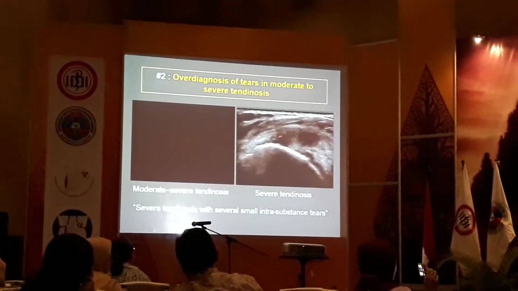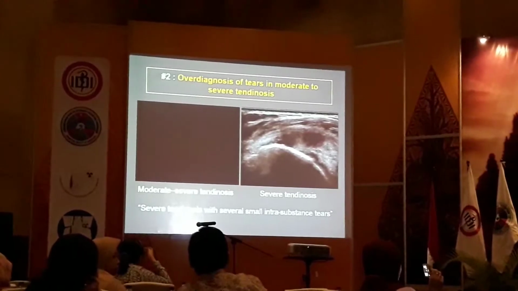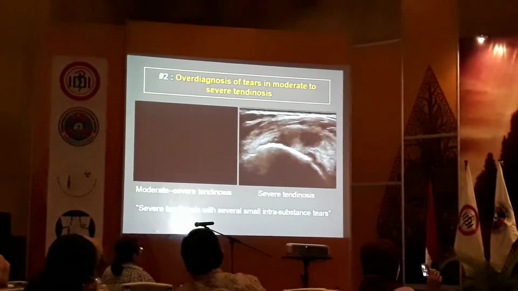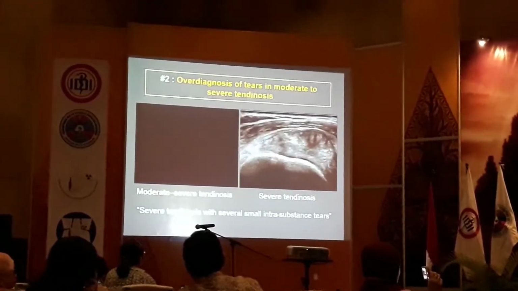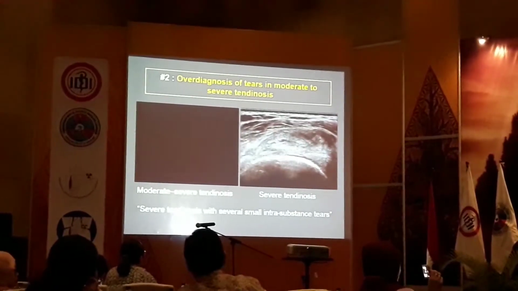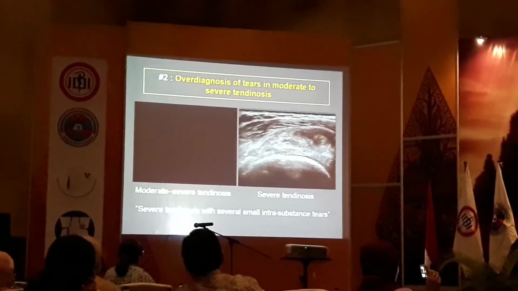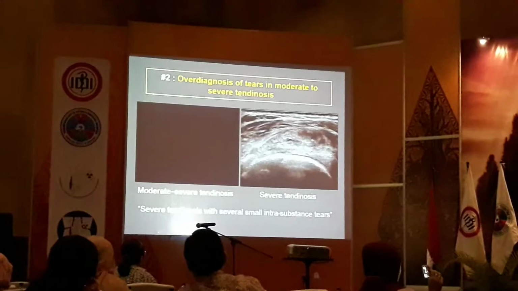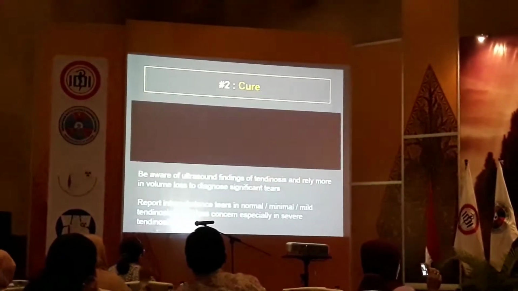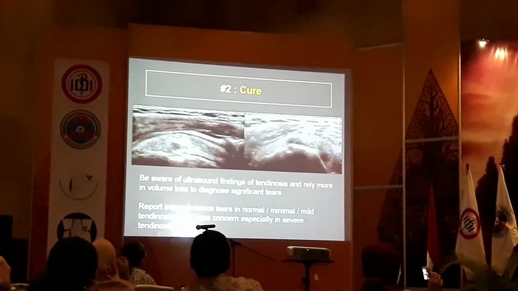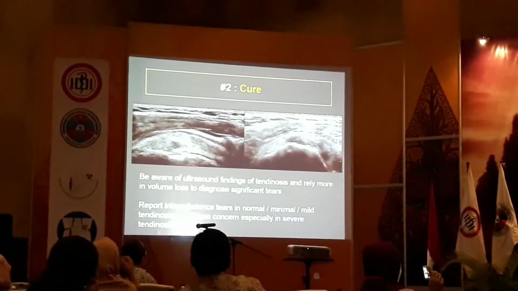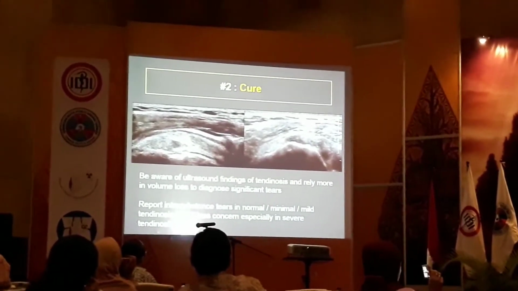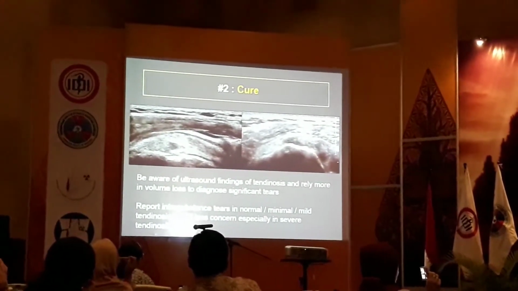You can see hypoechoic areas like this very commonly, but you expect to find those areas of hypoechogenicity in people with tendinosis, and do not misdiagnose them as tendon tears. Now, in people with relatively normal tendons, this person's got mild tendinosis.